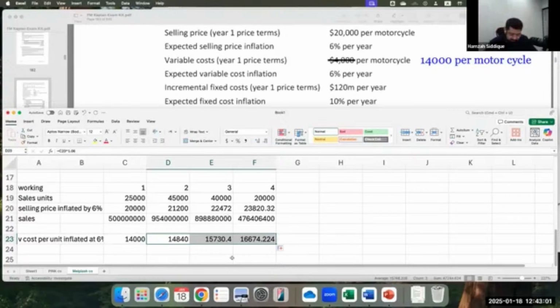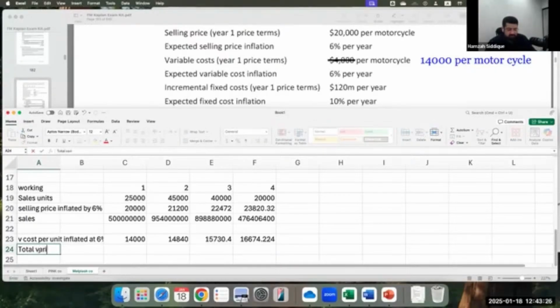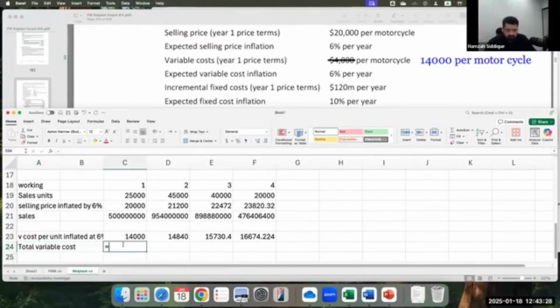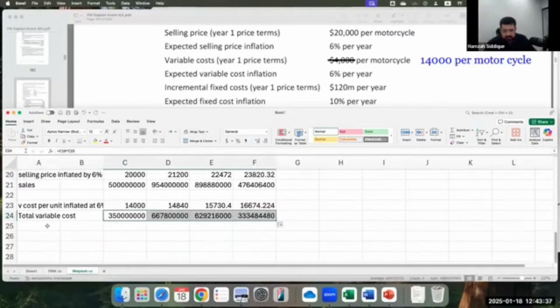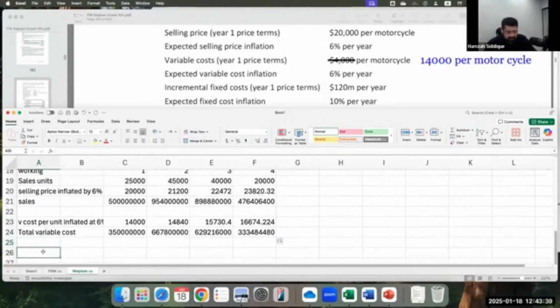Same. Now, fixed cost. But first of all, we need to calculate the total variable cost: number of units into variable cost per unit.